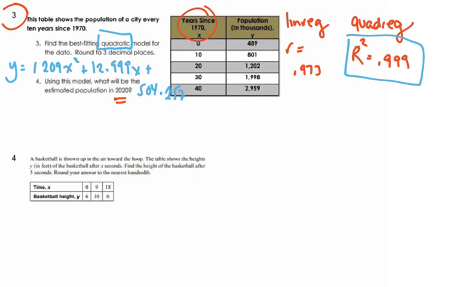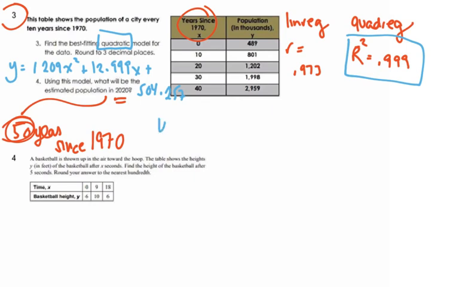So 2020 is what, 50 years later? 50 years since 1970 is 2020? Yeah, that's about right. And so you're going to plug in a 50. You're not plugging in 2020, you're going to plug in 50 because x represents the number of years since 1970.